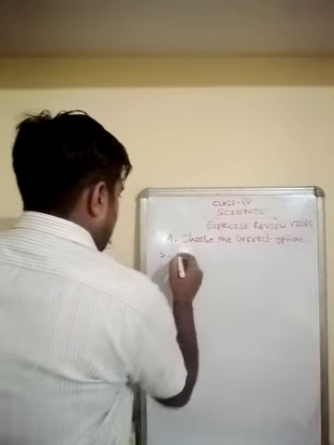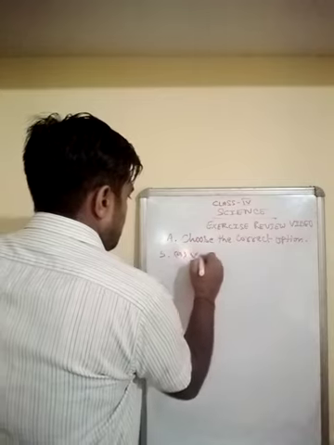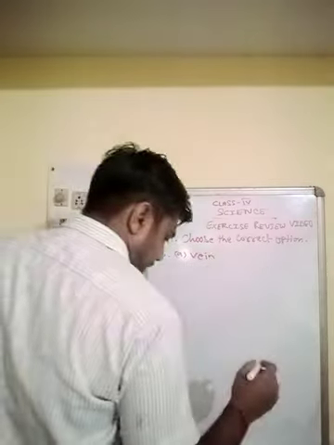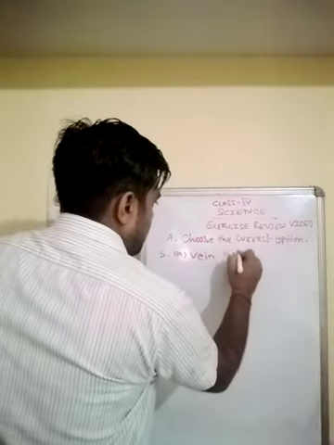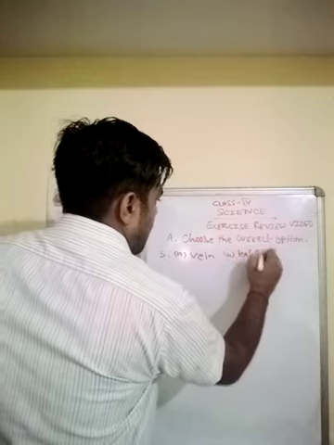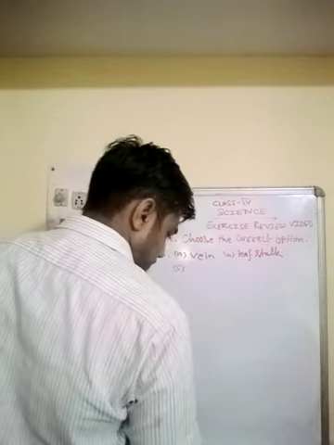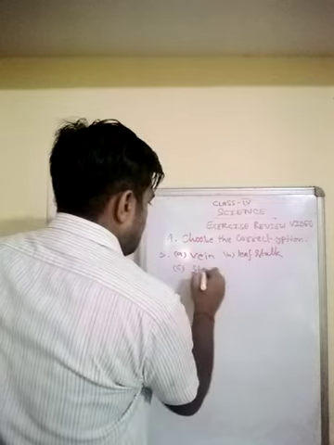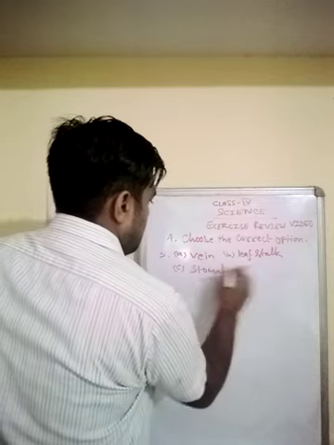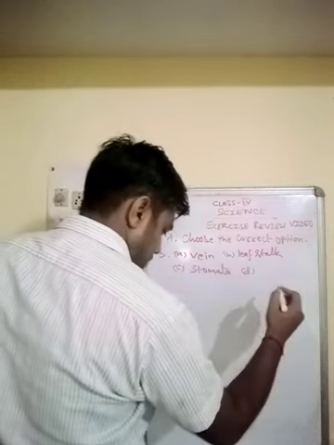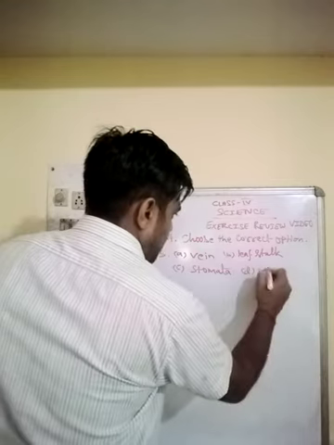Your options for that are vein, leaf stalk, stomata, midrib.